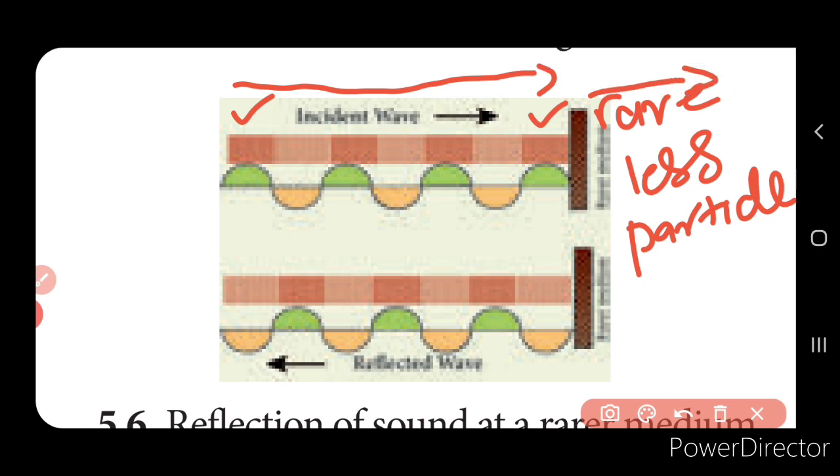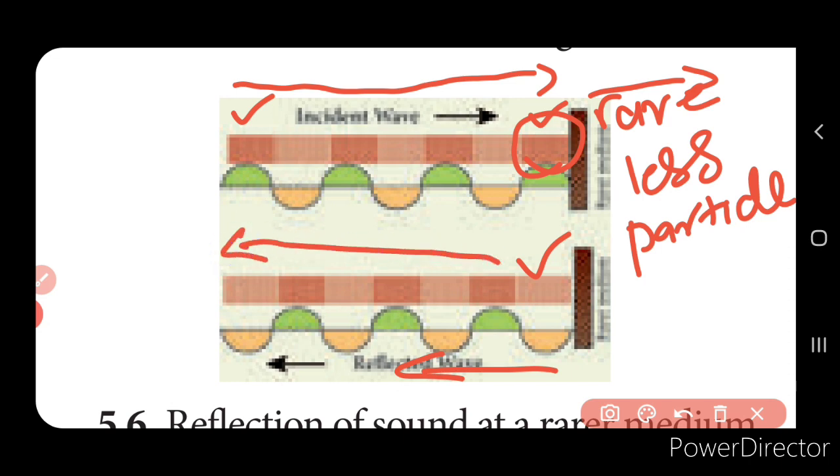So when it moves in the direction of the incident ray, it is pushed back, isn't it? So this compression will become rarefaction in the reflected ray, and it reflects from right to the left. So the compression is reflected as rarefaction, and the rarefaction travels from right to left.